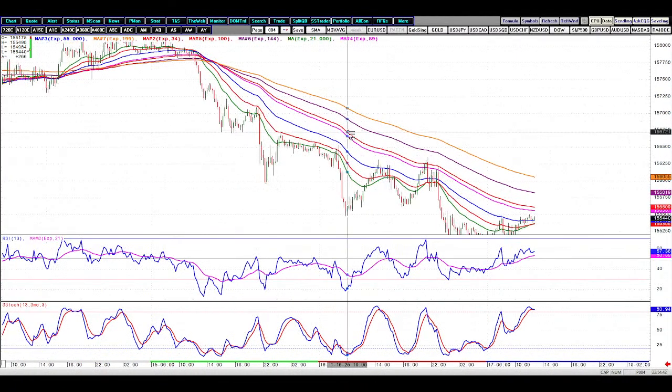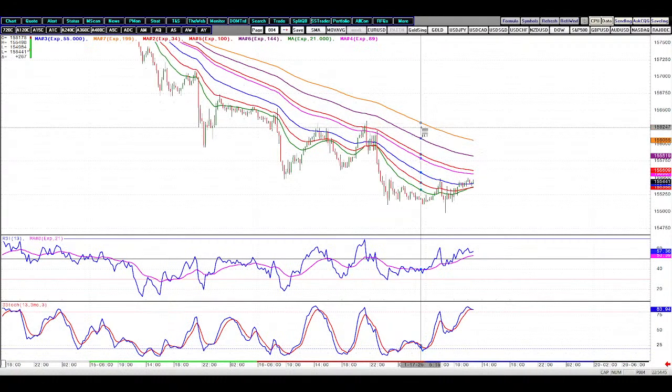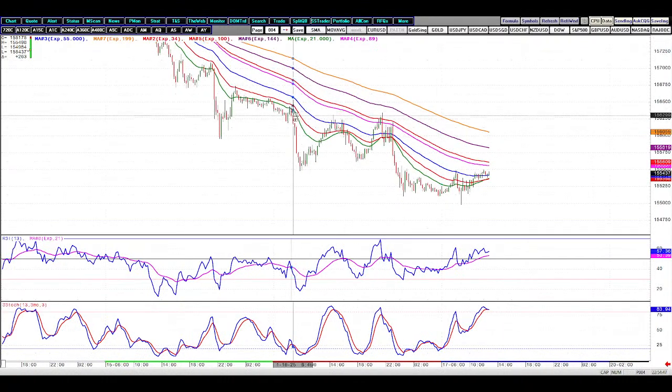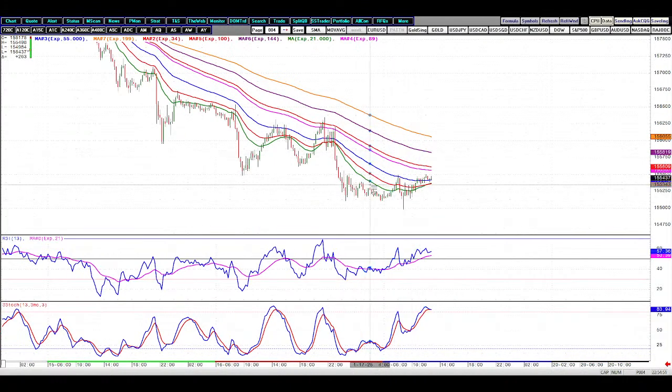Okay, so these are the moving averages you are seeing. Just now you saw that the 15 minute is flat, which means the moving average has not crossed over yet, so we are not getting the signal here.